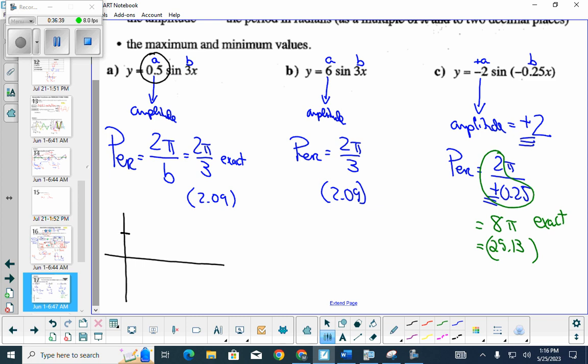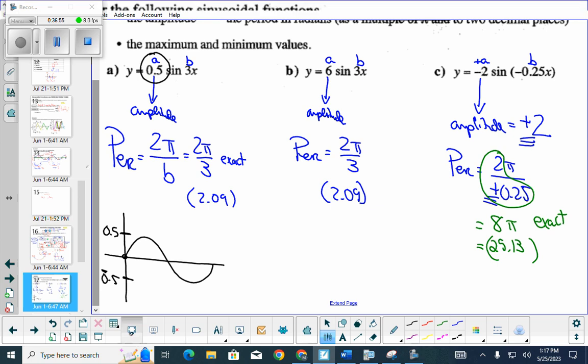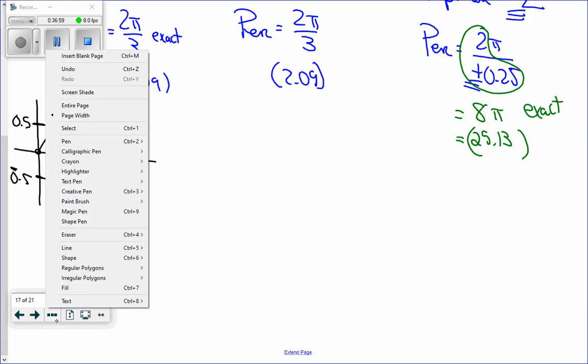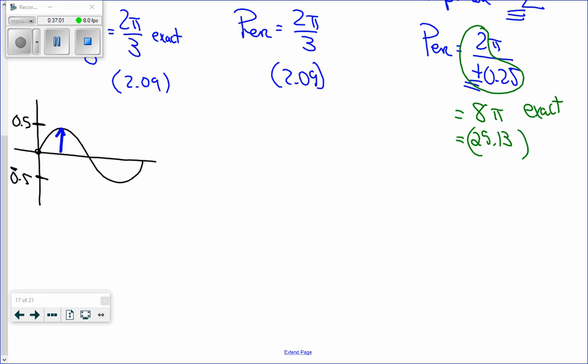So what that means, it means the graph is going to go up to 0.5 and down to 0.5. It's going to go up, down, up. Because remember amplitude, I'm just going to do this in my erasable ink here. Amplitude, remember, is this distance. That's 0.5.